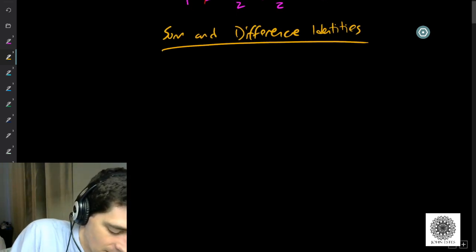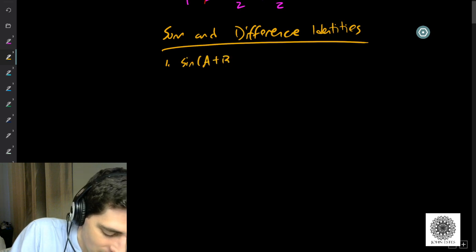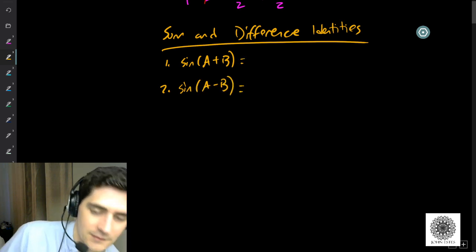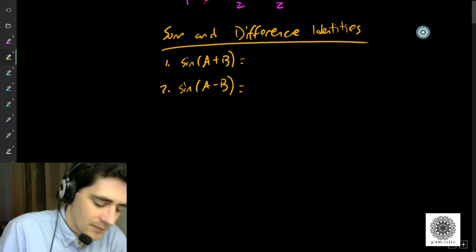All right, so the first ones we'll do are for sine of A plus B. They look like this.